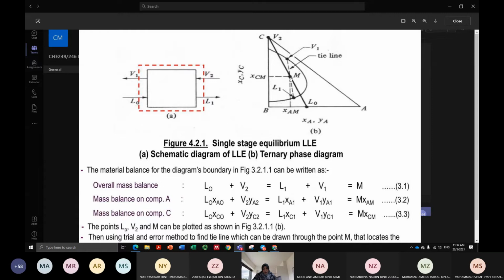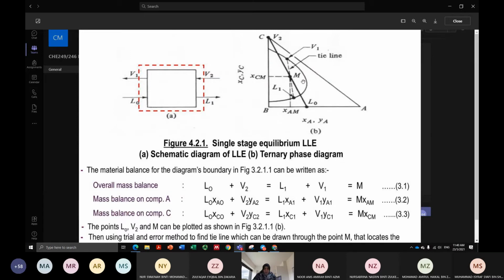M also has coordinates. The coordinates are represented by XAM, XBM, and XCM. Remember, we are dealing with three components. The first one is for the solute, the second one is for the carrier, the third one is for the solvent.